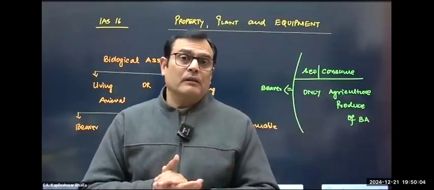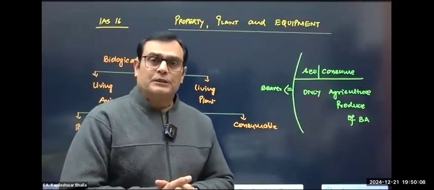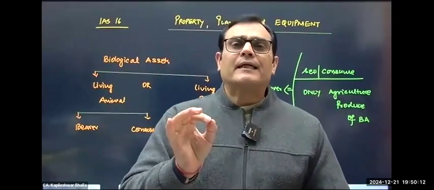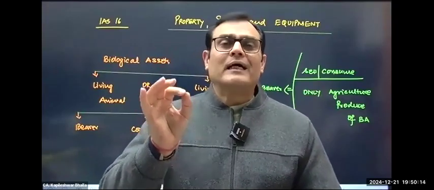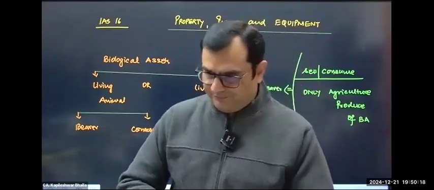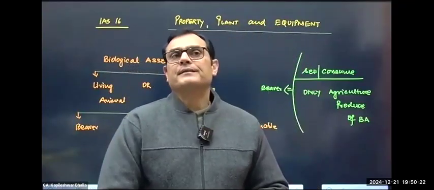Let's take examples and you decide whether it is consumable or bearer in nature. Let's consider a chicken where I will sell only the eggs. Bearer, consumable? Bearer. Correct.